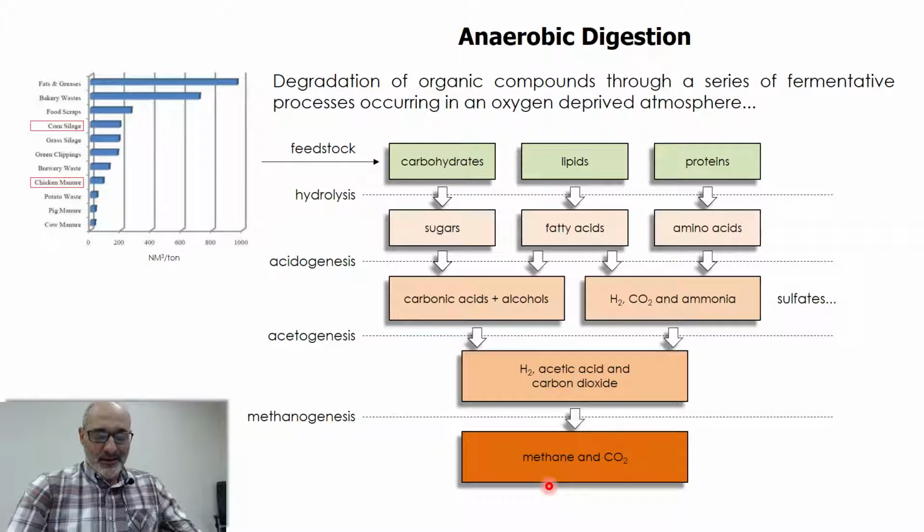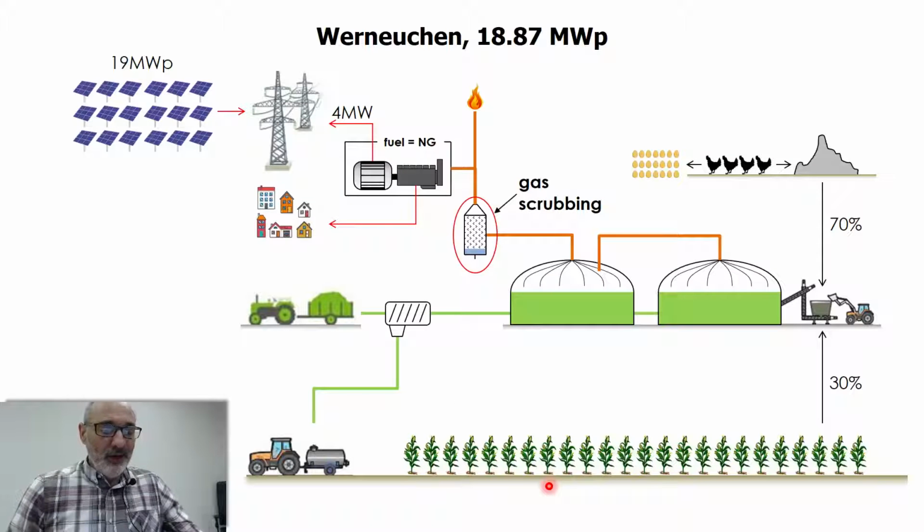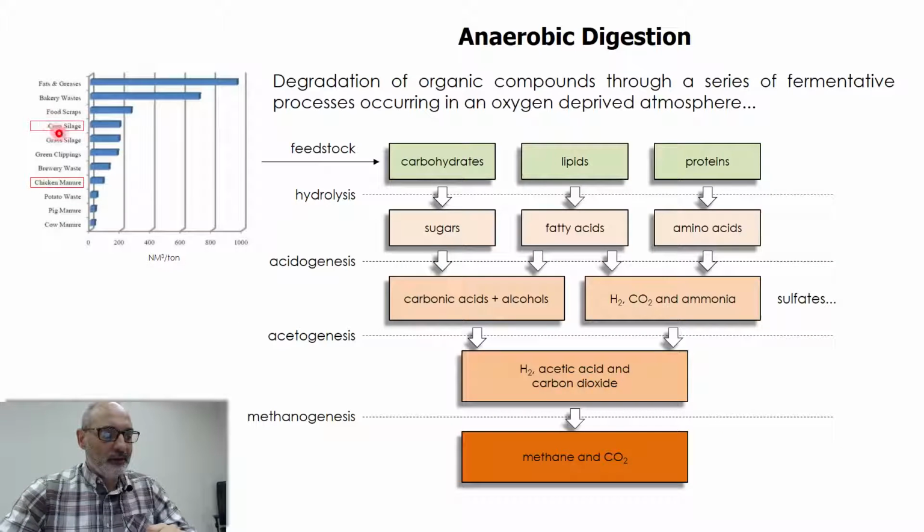Okay, so moving on, that's from last week's class. That was that integrated power plant near Berlin. So it was integrating photovoltaic with biogas generation, and the feedstock was chicken manure and corn silage. So it's a mixture of corn silage and chicken manure.